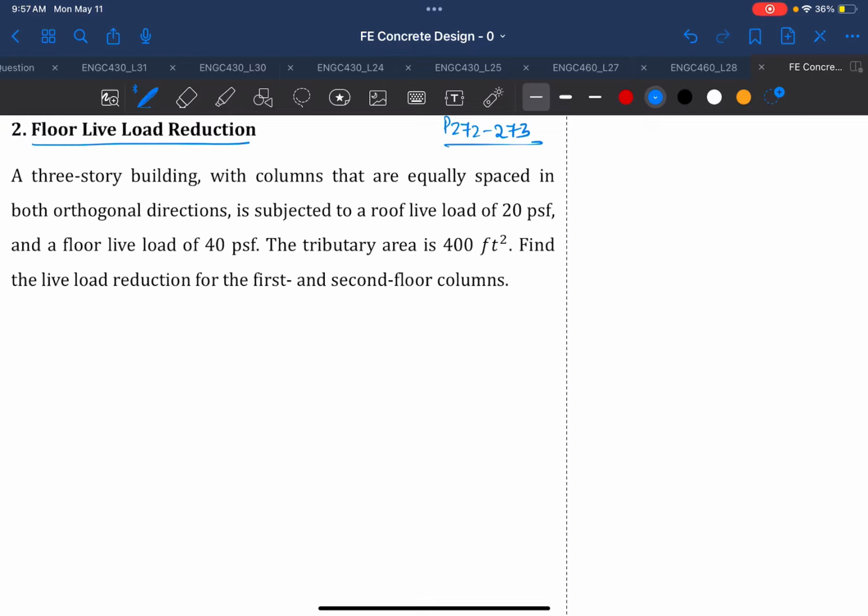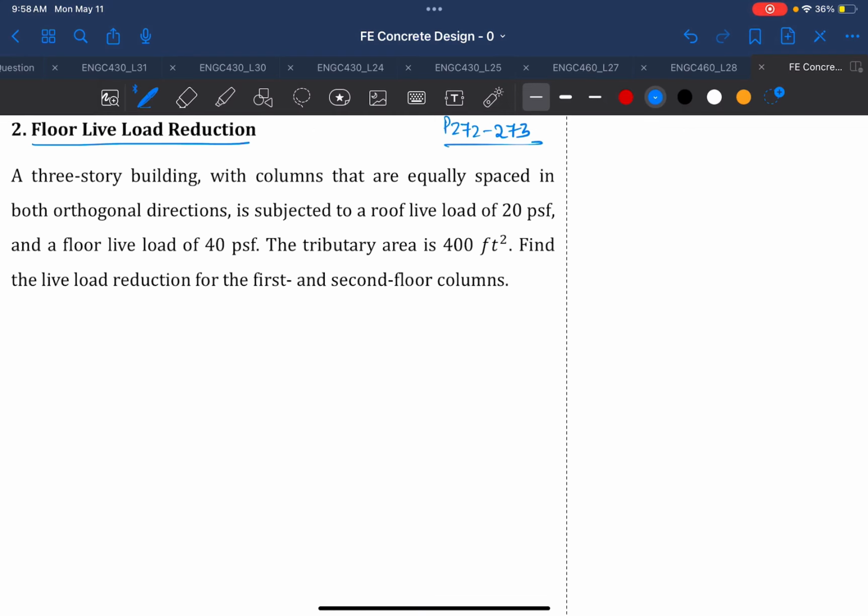There is a condition on when to use and when not to use. But in your FE manual, it didn't give you that condition, which means that if you see this kind of question, you just have to use the formula and see if you can use the live load reduction or not, because there is also another condition given in your FE manual.